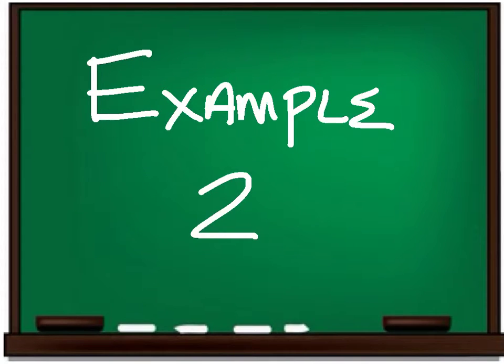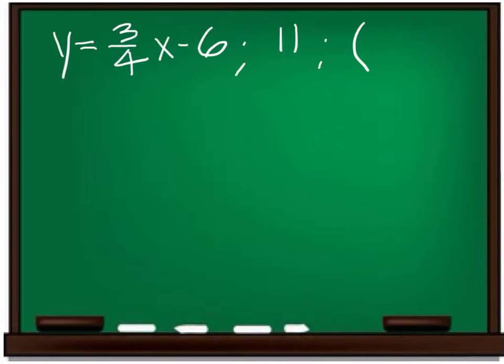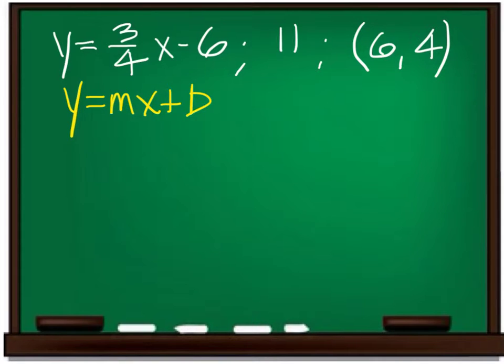Example 2. Y equals 3 over 4x minus 6. We want a line that is parallel to it and passes through the point 6, 4. Start with y equals mx plus b. If it's parallel, then it's going to be the same slope.